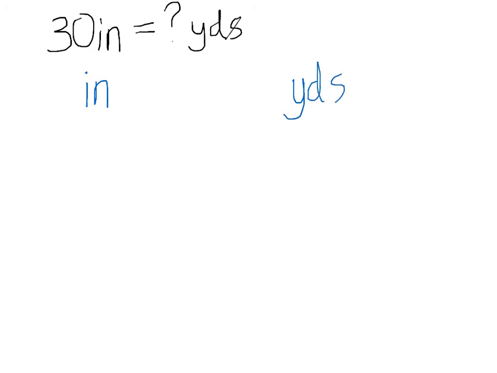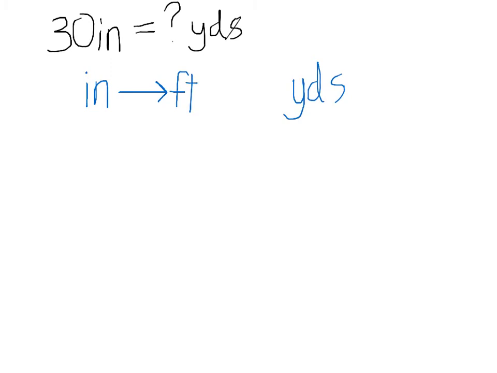So this is going to be like our map. Now, do we know how many inches are in a yard? Let's pretend that we don't know off the top of our head. So we don't know the connection between inches and yards. But we do know how to get from inches to feet, because that's basically what we just did but backwards.